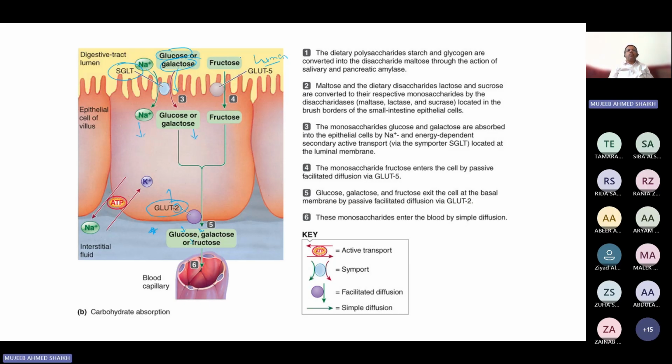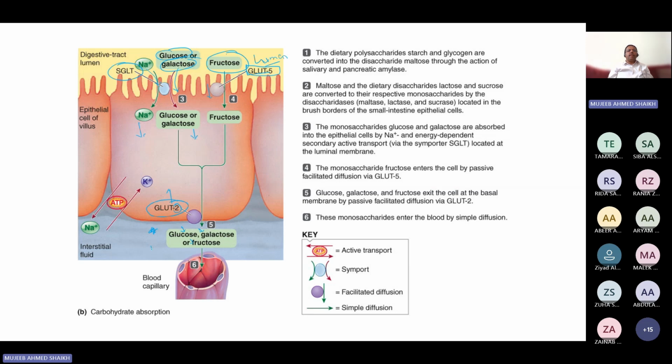Whereas if fructose is present in our diet or in the intestinal lumen, then it will not follow SGLT. It will follow another channel. We call it glucose transporter number 5. So GLUT5 will allow fructose to be absorbed into the cell. From the cell into the interstitium, it will be the same common transporter GLUT2.